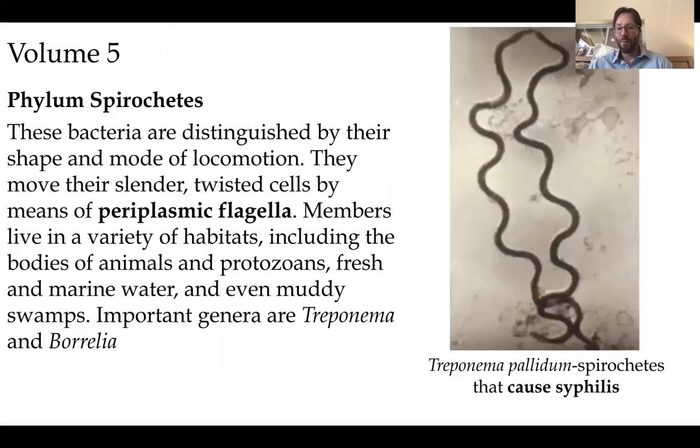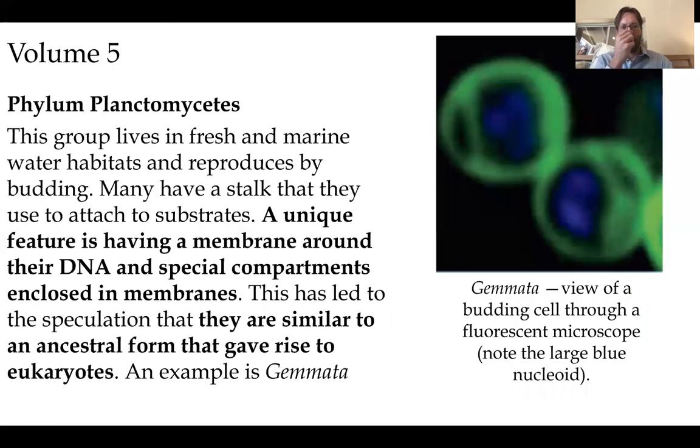We haven't really talked much about spirochetes, but one of the spirochetes that is particularly unpleasant is going to be that which causes syphilis. And that's an image, I believe, of Treponema pallidum, which is a spirochete.